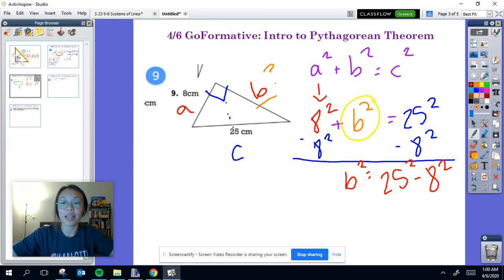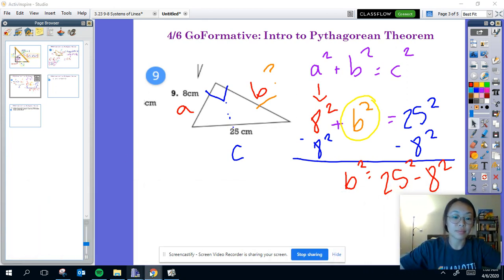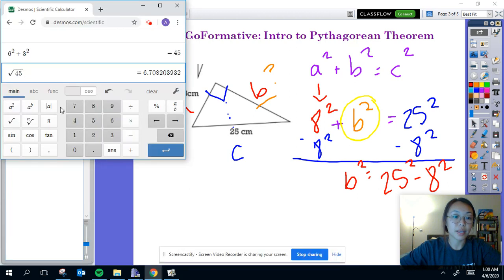And now I can just use my calculator. So when I do that, I'm going to clear everything. 25 squared minus 8 squared, all in the calculator. That's going to equal 561.